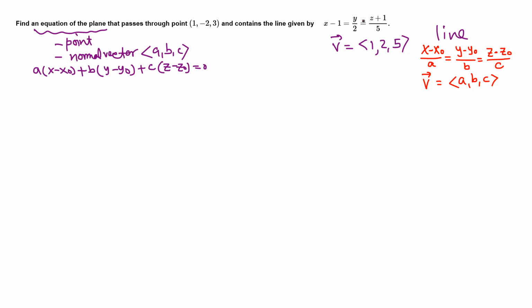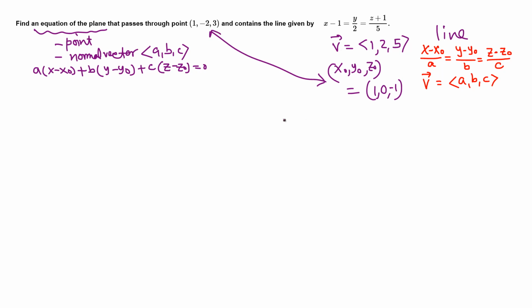Looking at this, we can find infinitely many, but one of the points is x naught, y naught, z naught: x is 1, y is 0, and z is negative 1. So we have 1, 0, negative 1, one point, and we are given another point. From these two points we can get a vector.